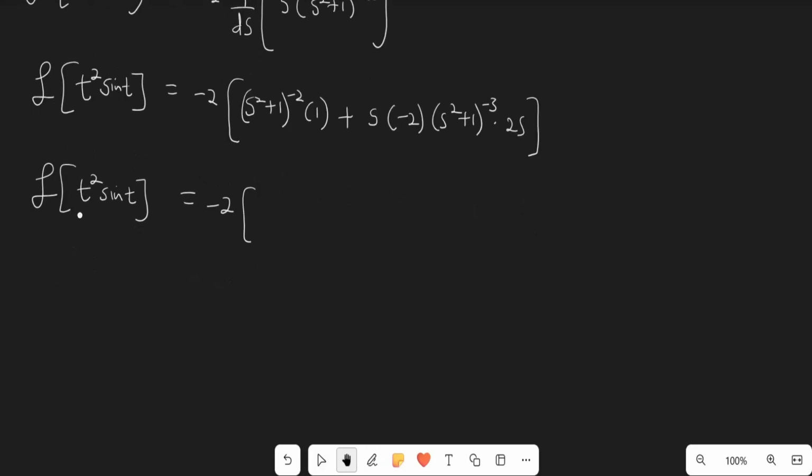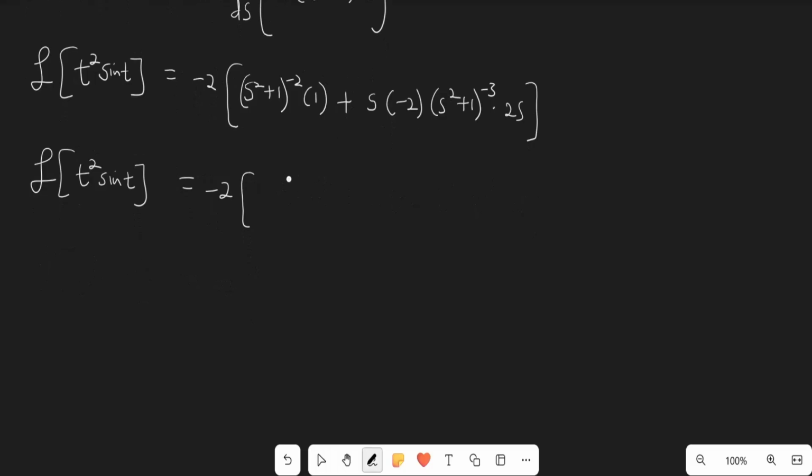Now let's simplify what is inside the bracket. This one is 1 over s squared plus 1 all squared. And now we have 2 times 2, which is 4, and s times s, which is s squared, so we have negative 4s squared divided by s squared plus 1 all raised to the power 3.